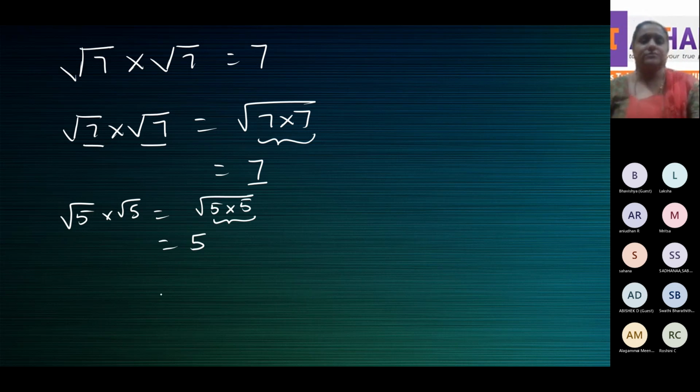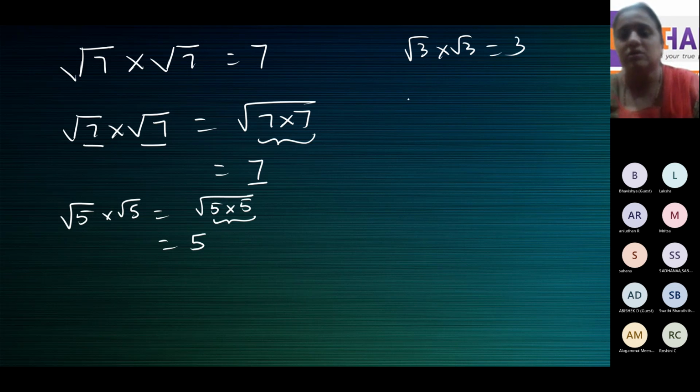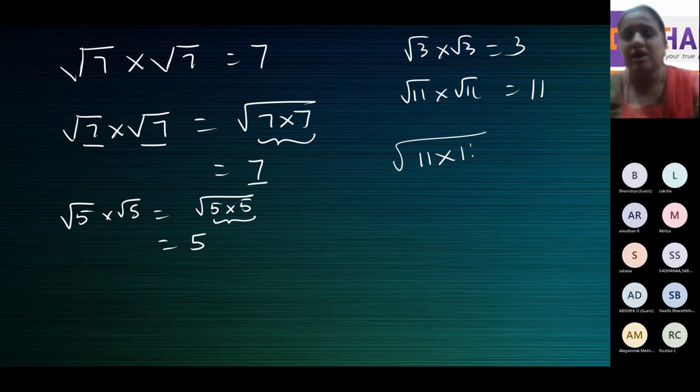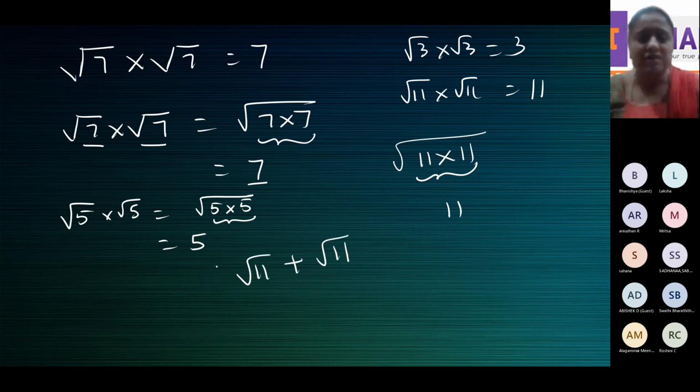So 5. So root 3 into root 3 is 3. Root 11 into root 11 is 11, because it is root of 11 into 11, and from 2 11s, 1 11 comes out. But root 11 plus root 11 is 1 root 11 plus 1 root 11, which is 2 root 11.